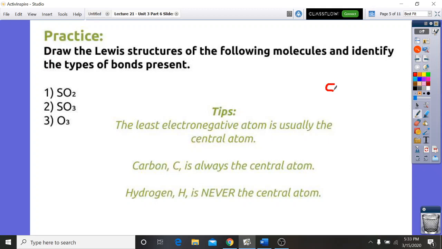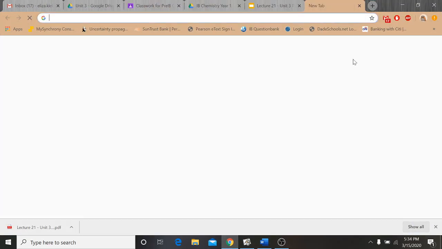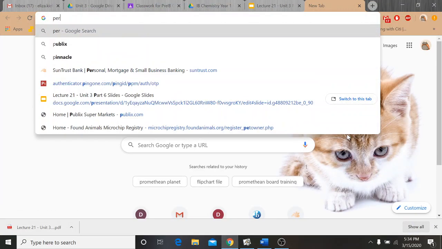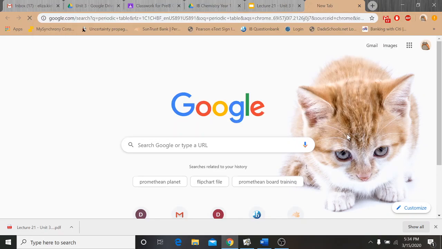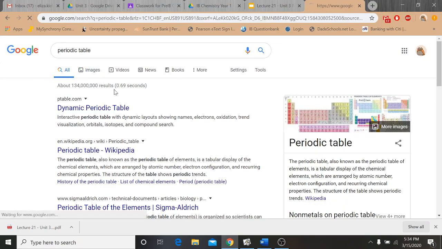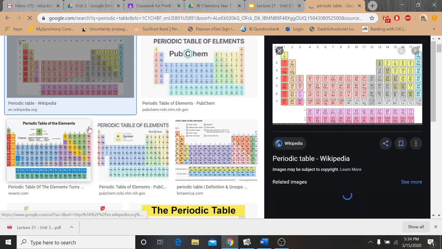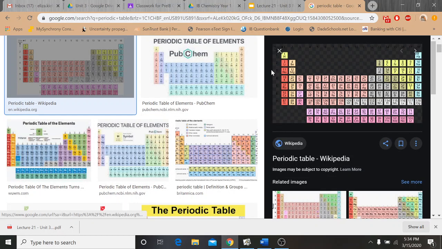S has the lower electronegativity value between S and O. And I know that from the trends of periodicity. So if we look at a periodic table, we could remember that electronegativity increases across a period and decreases down a group.